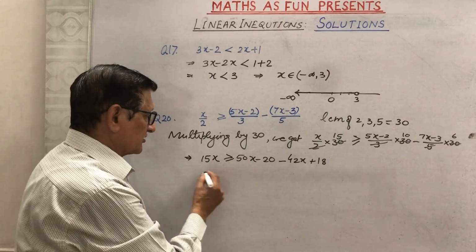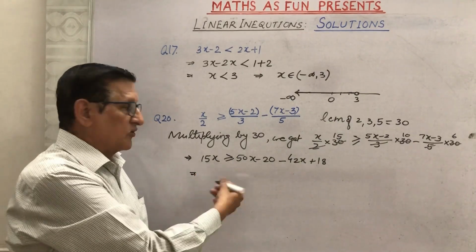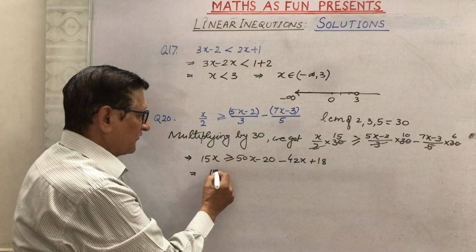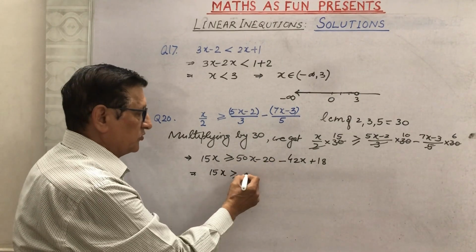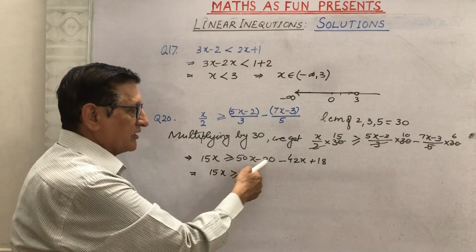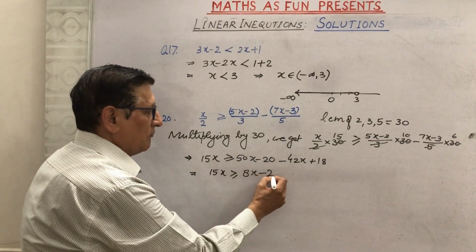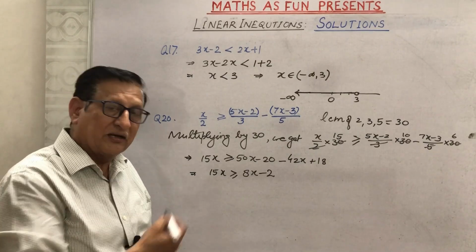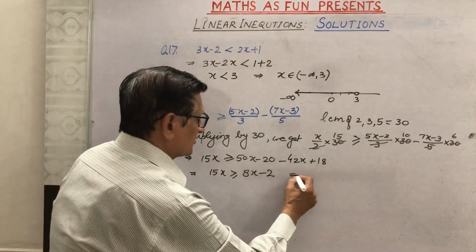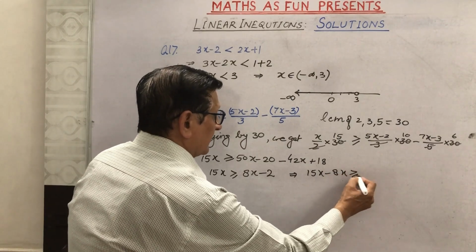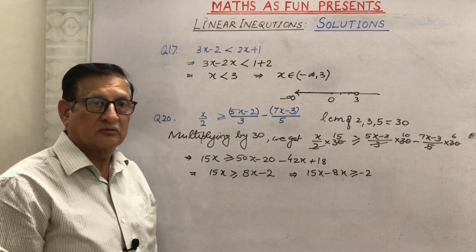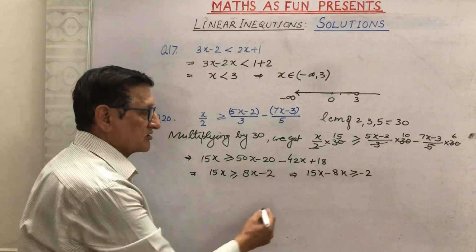And then again we use the transposition, or before that we simplify: 15x is greater than or equal to 50x minus 42x is 8x, minus 20 plus 18 is minus 2. And now we can use the transposition, so this will give us 15x minus 8x is greater than or equal to minus 2. 15 minus 8 is 7.